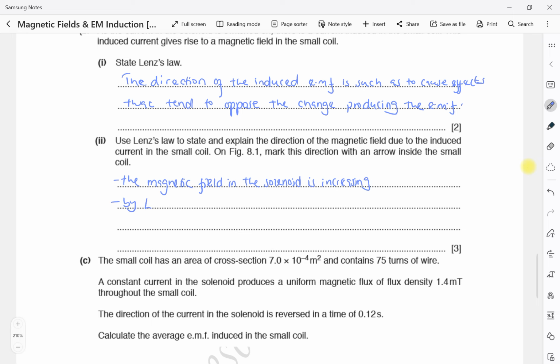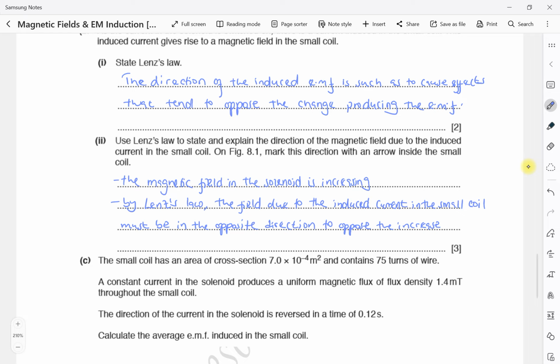But by Lenz's law, the field due to the induced current in the small coil must be in the opposite direction to oppose the increase. When you close the switch, the magnetic field in the coil increases from 0 to some value.